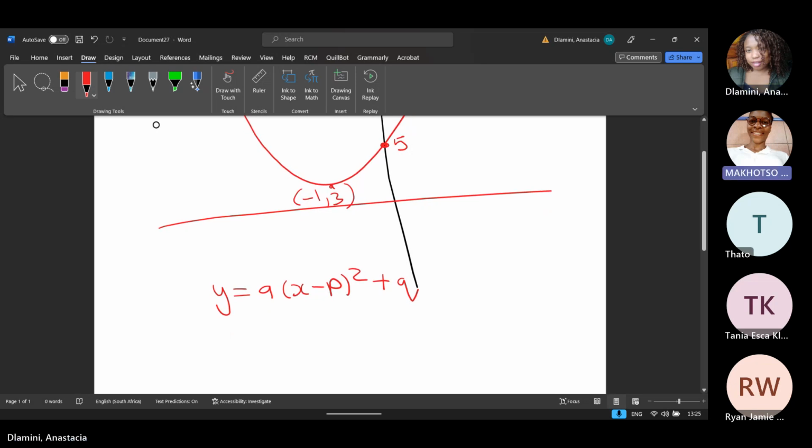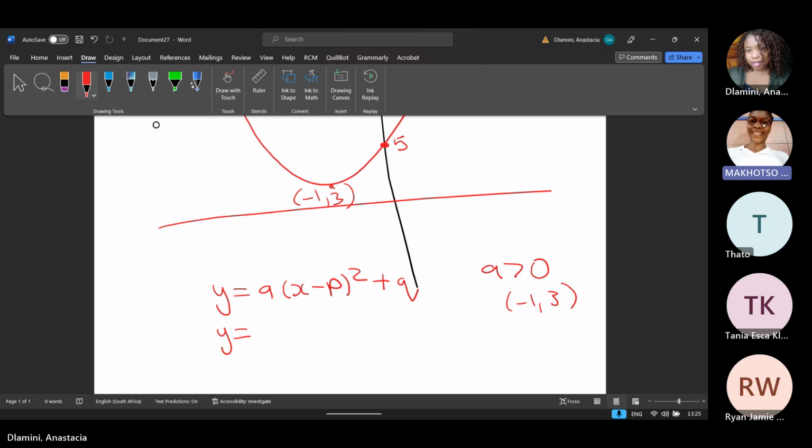Our a is facing upwards, so it's going to be positive. Then we're going to have a. And then we say our turning point is p and q. So we have negative 1 and 3. So we're going to say x minus negative 1 is equals to 0.